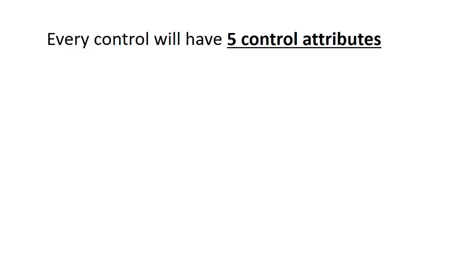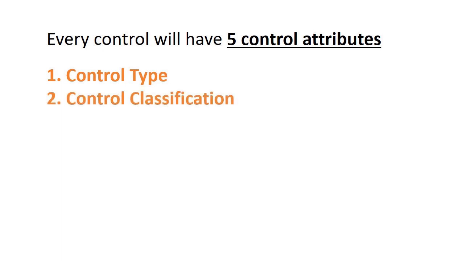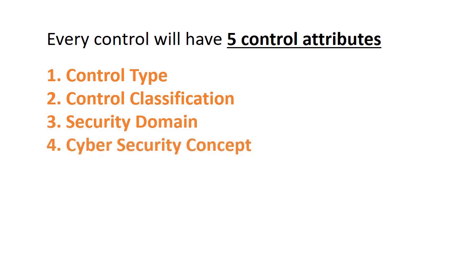One of the important changes that ISO 27002 has undergone is that every control will now have 5 control attributes. Those are: every control will have a control type, a control classification, a security domain, be related to a cybersecurity concept, and it will be of any operational capability.